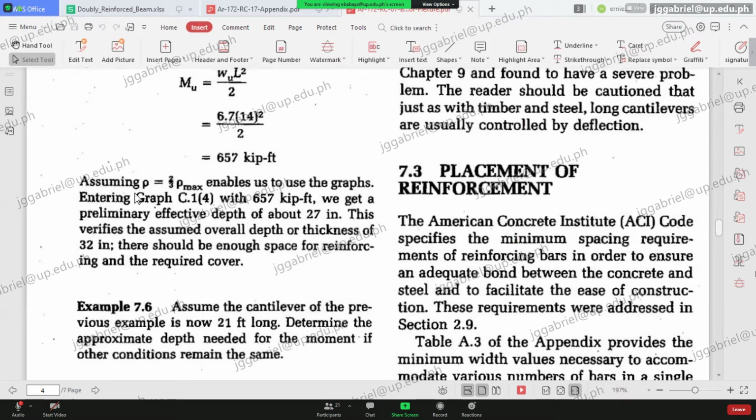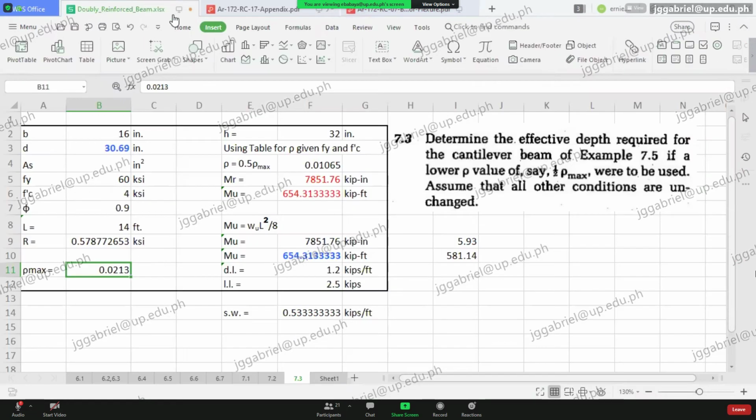Okay, the rho is actually 2/3 rho max. So it is just asking us what happens. So rho is 0.01065.